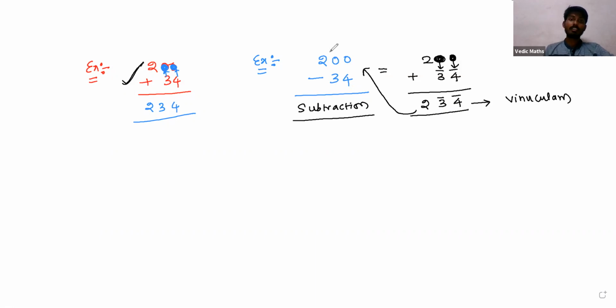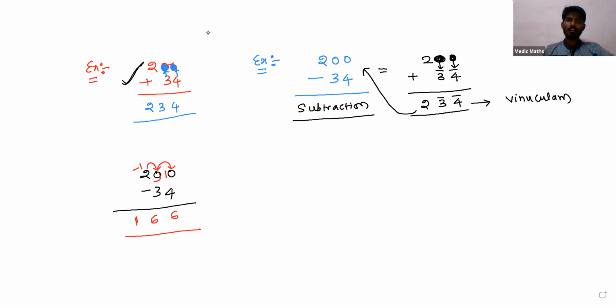Let us try to solve this subtraction and see what points we are going to observe. If you do this problem in a normal way, we take one borrow from that number, again one borrow from that number. So then it becomes 10 and this becomes 9, and we subtract 1 from this number. So 10 minus 4 will be 6, 9 minus 3 will be 6, and 2 minus 1 will be 1.